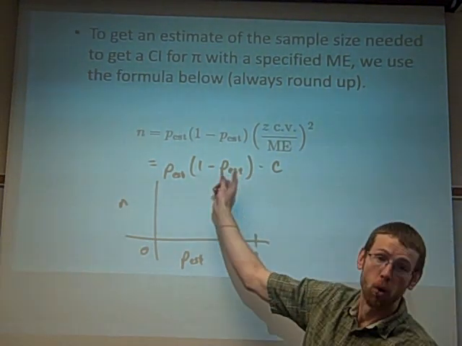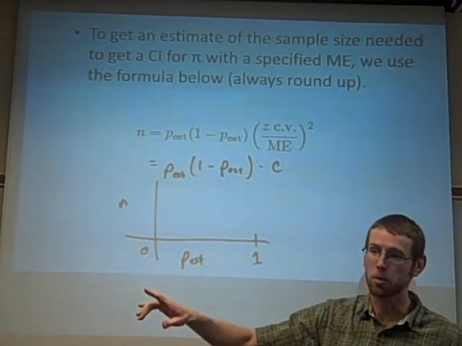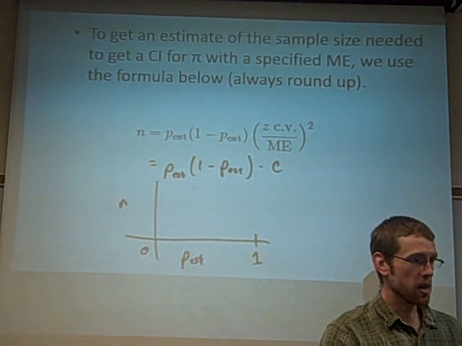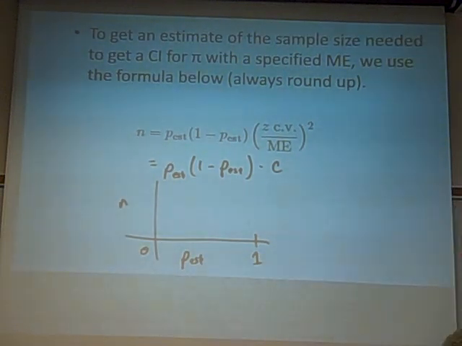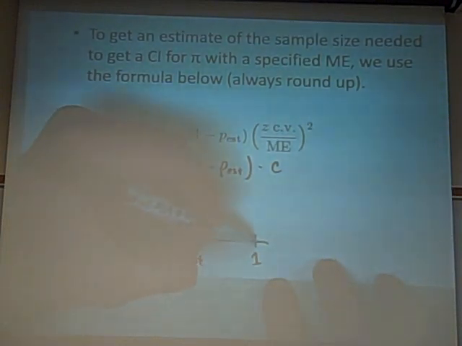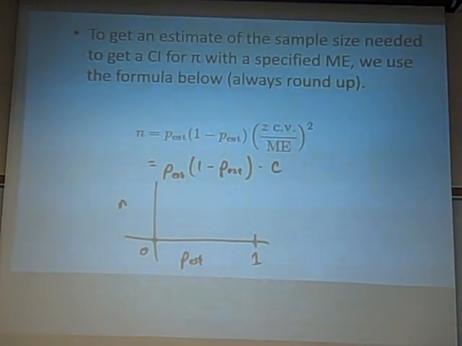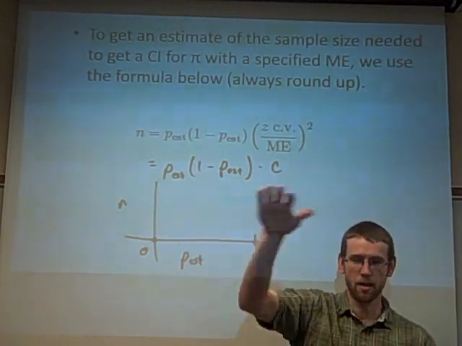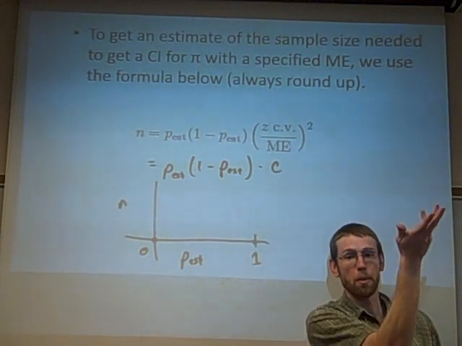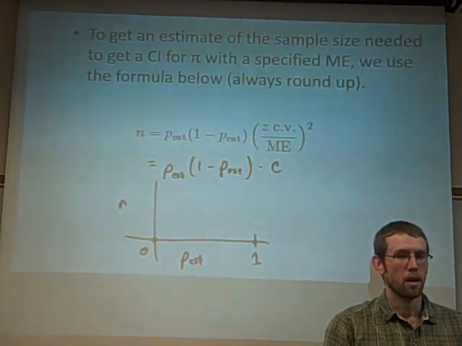This is in factored form, and when it's in factored form, it's really easy to figure out what the intercepts are. What are the intercepts going to be? 0 and 1. So this is going to cross right here, and it's going to cross right here. Remember, parabolas can open up or down. Does ours open down or up? Down.